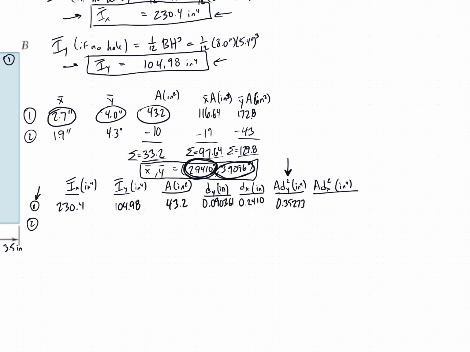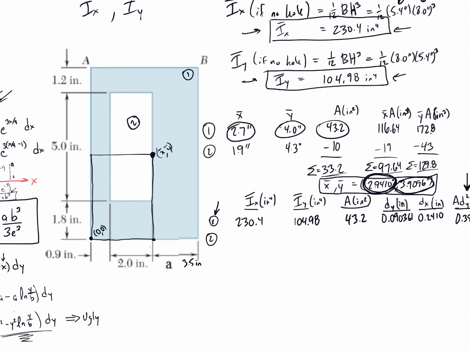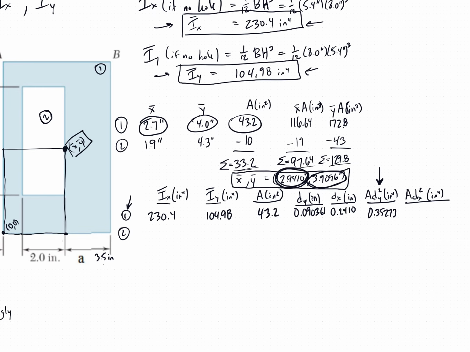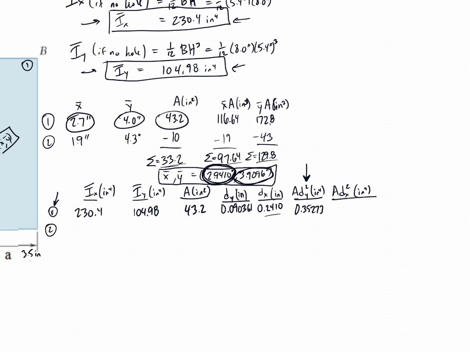There's a very good reason why this number is small, and it's essentially because this thing right here, especially in the y direction, is very, very close to where the centroid of the main thing is. So the correction factor is very small for the parallel axis. So the A d x squared: this is going to have this 0.2410 business, so 0.2410 squared.